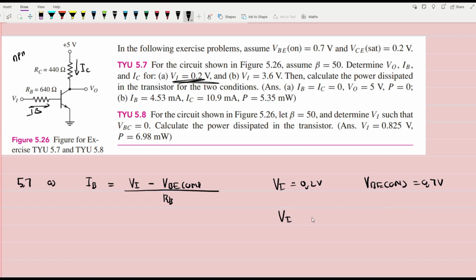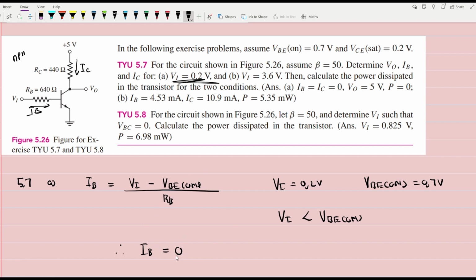VI is less than VBE on, which means that IB will be 0. So IB is equal to 0 amperes.